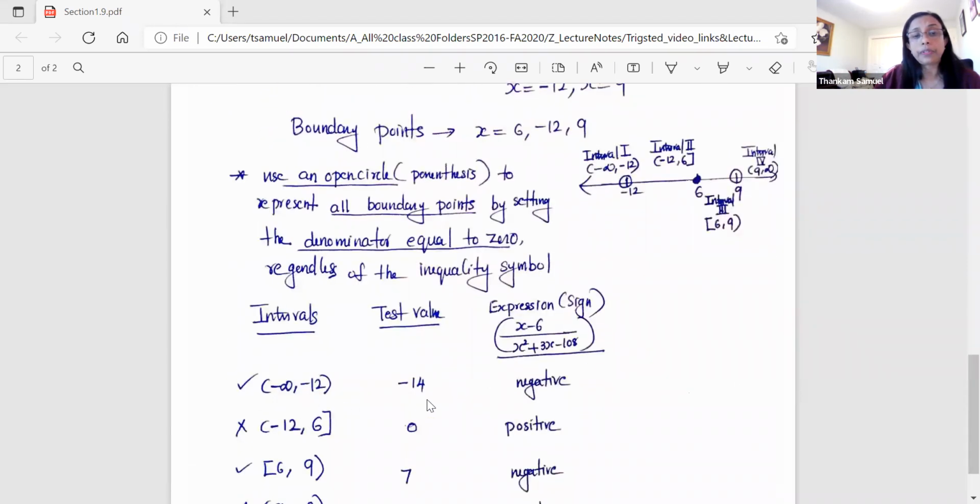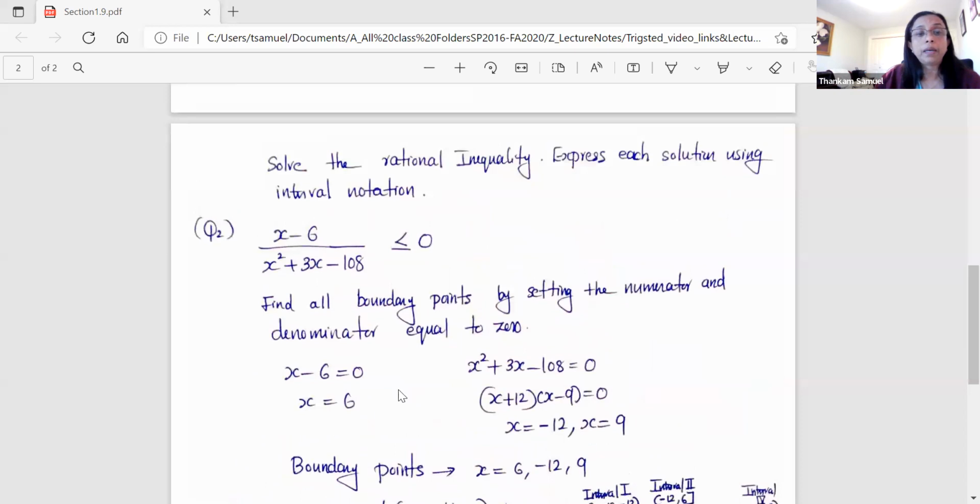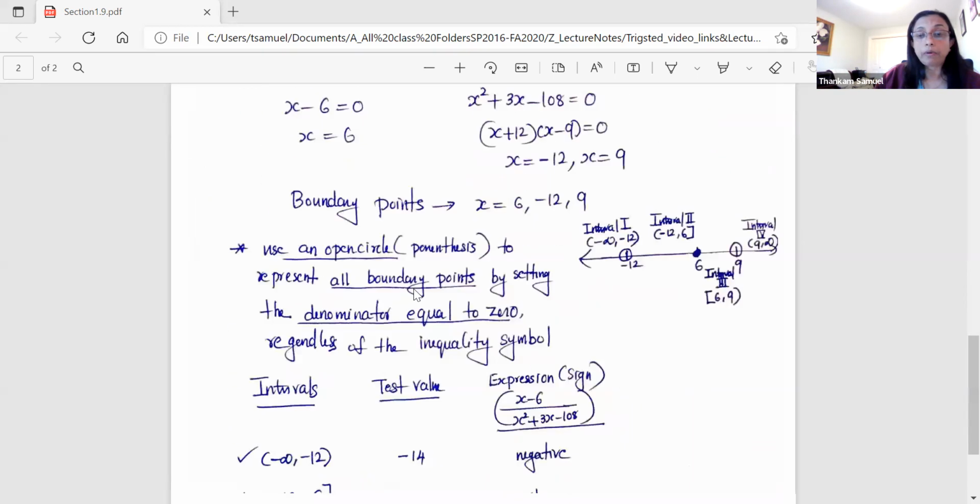So our first test value is negative 14. Negative 14 minus 6 is negative, so the numerator is negative. In the factored form of the denominator, negative 14 plus 12 is a negative value, and negative 14 minus 9 is also a negative value. So this product is a positive value. A negative numerator divided by a positive value gives a negative value.